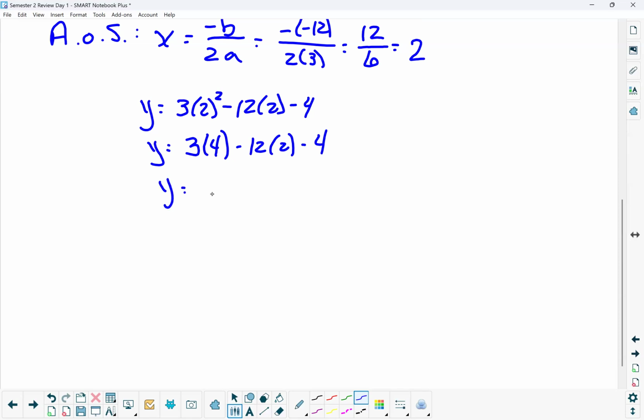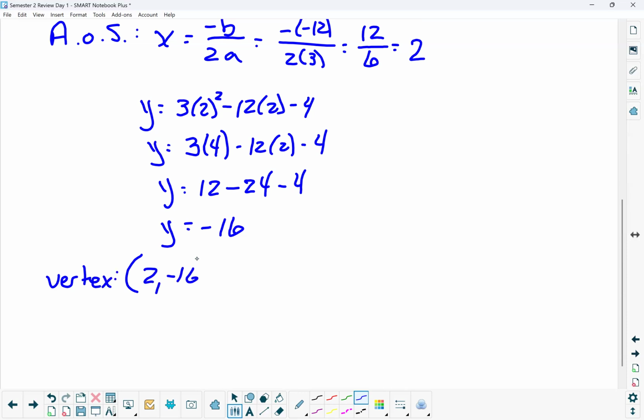Then we take 3 times 4, that's 12. Minus 12 times 2, that's 24, minus 4. And now I can subtract across. 12 minus 24 is negative 12, minus 4 is negative 16. So my vertex is 2, negative 16.